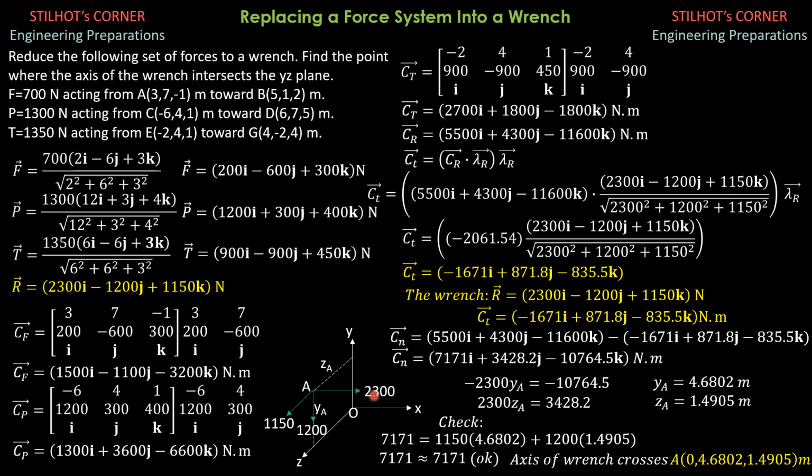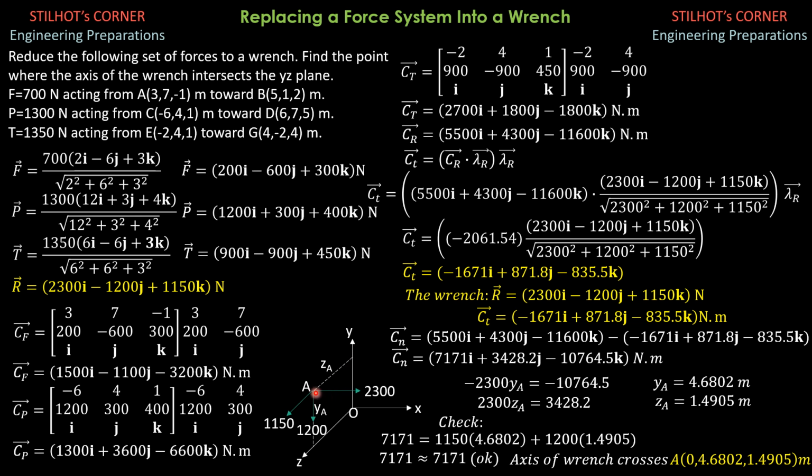This is the X component of the resultant force, the Y component of the resultant force, which is negative 1,200, so downward, and the Z component of the resultant force, which is 1,150. So if this is point A, the coordinates will be 0, YA, and ZA.